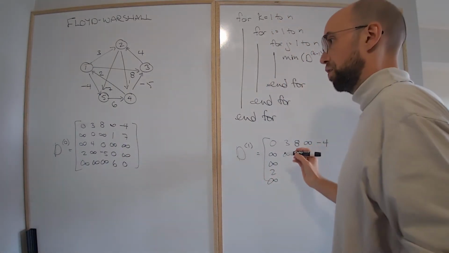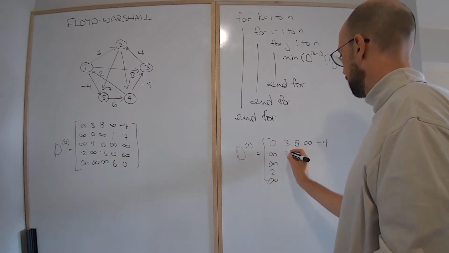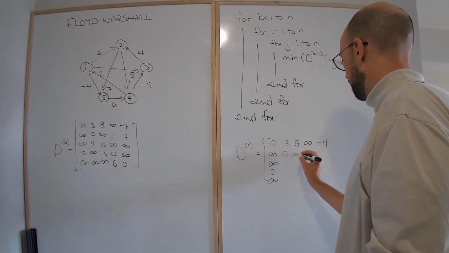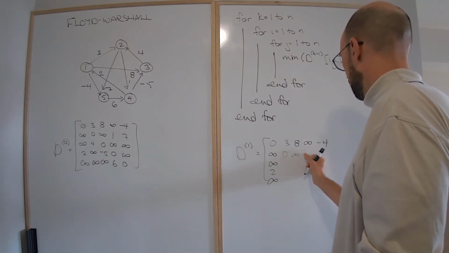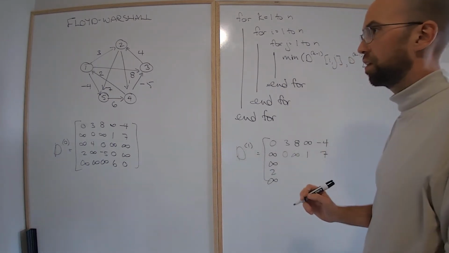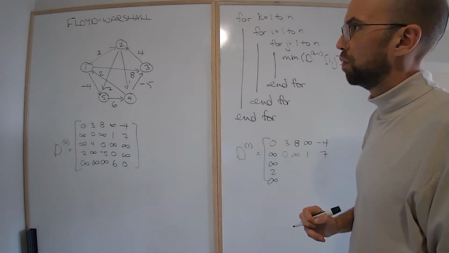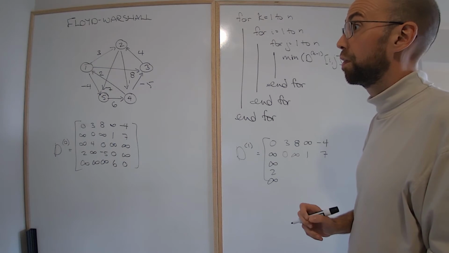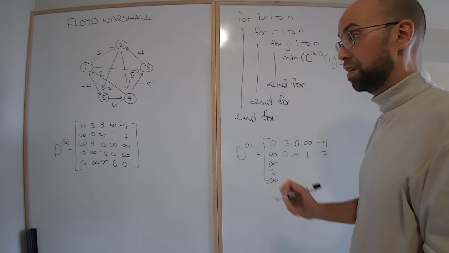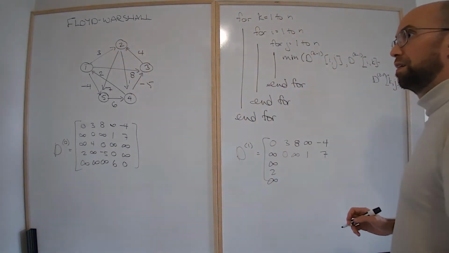So 2 to 2 is 0, 2 to 3 is infinite, 2 to 4 is 1, and 2 to 5 is 7. It's only going to get interesting in the case of the fourth row, because only 4 can go to 1.